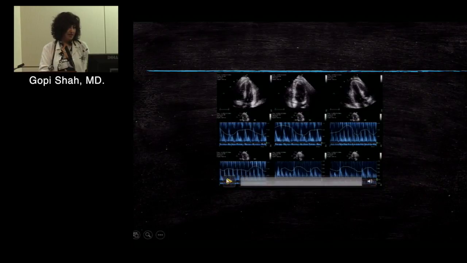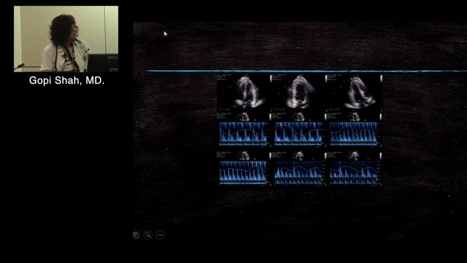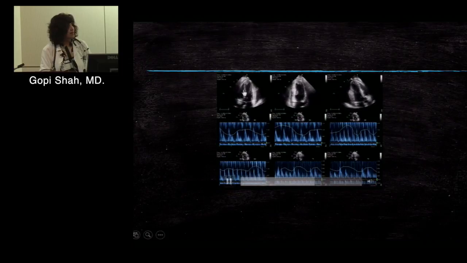The one thing I want you to notice is that everything is not mutually exclusive. So you can have effusive constrictive physiology too. You can see a very nice septal bounce here. You can see your Doppler data showing that with inspiration at mitral inflow, you have decreased velocities, and then they increase with expiration.